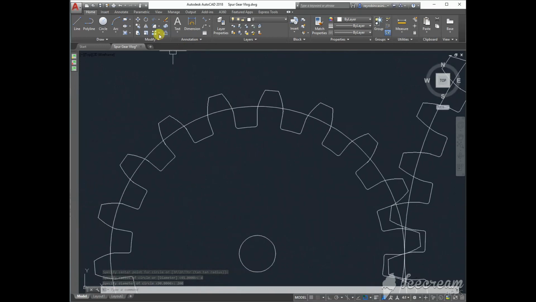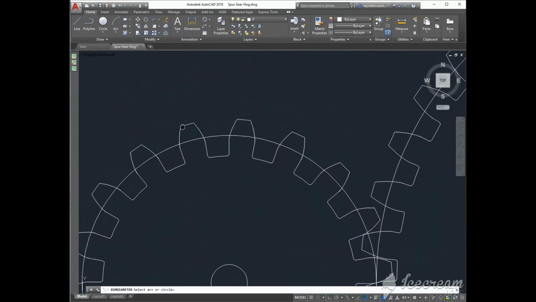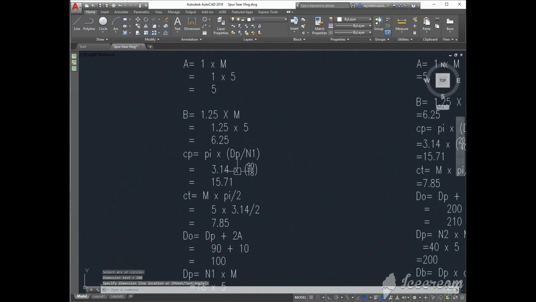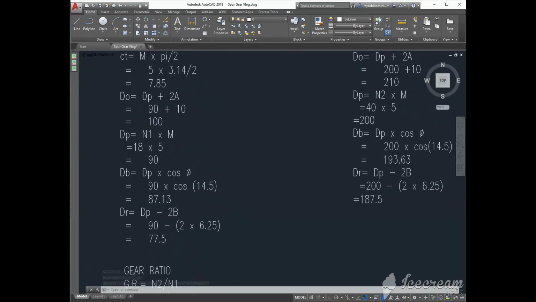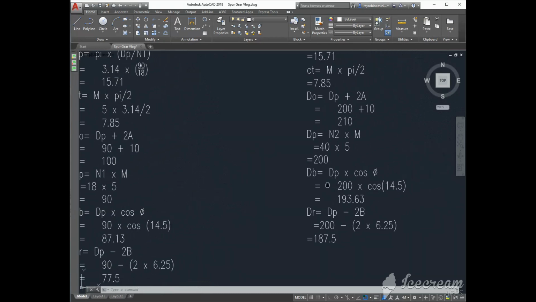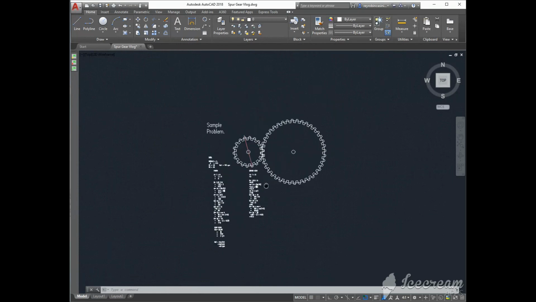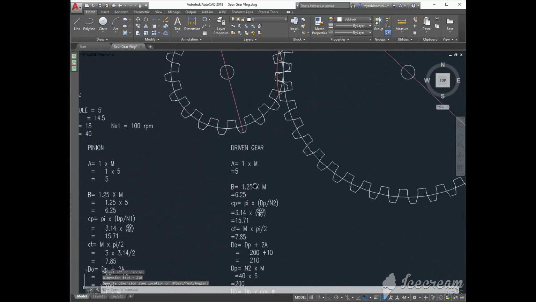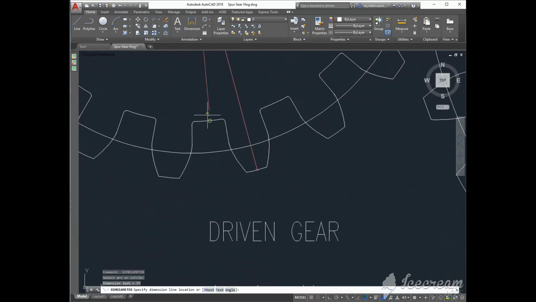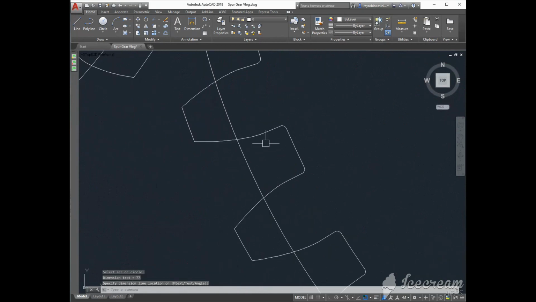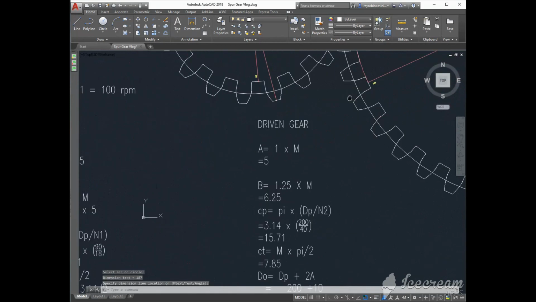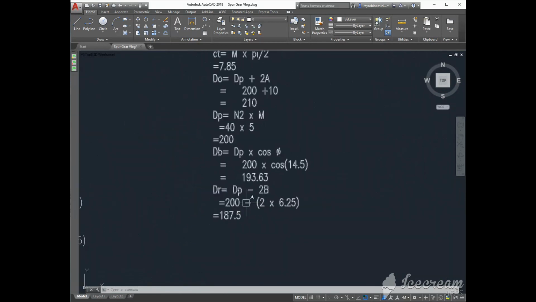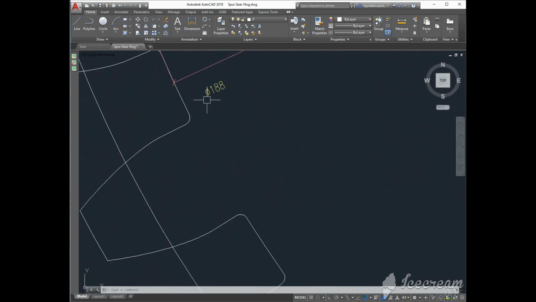The outer diameter of the pinion gear should have a value of 100, as we have solved here, and the outer diameter of the driven gear is 210, which is correct. The root circle will be this diameter 78, and this diameter 188.